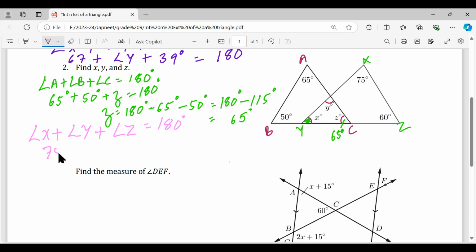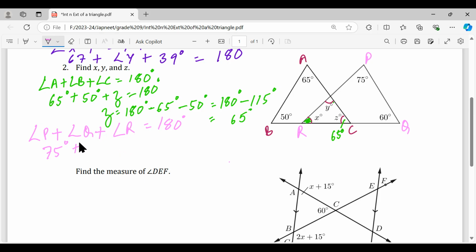X is 75 degrees. Y is, oh, okay. So let me change this, otherwise it will be confusing. Let me mark it as PQR.